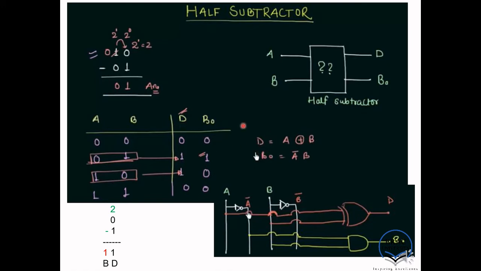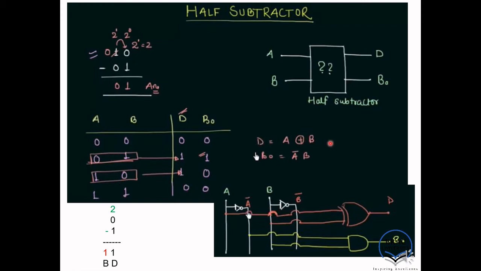Okay, so if you find the equation for D and B naught, your D, if you look at the input, becomes high when the inputs differ, and becomes 0 when both of the inputs are the same.